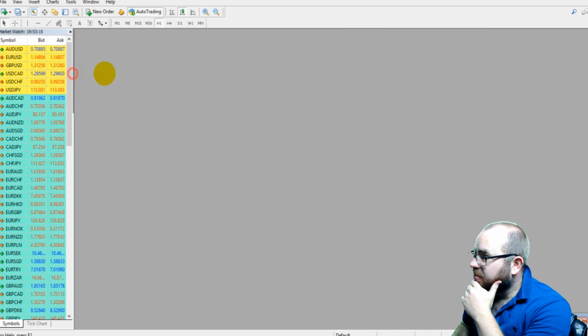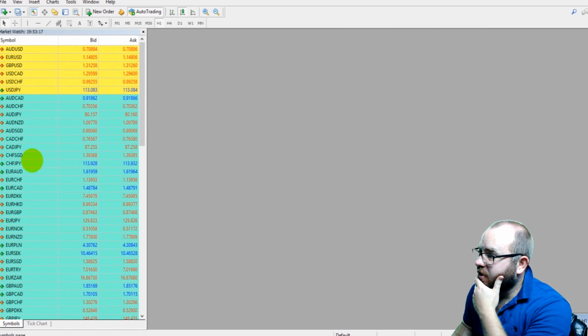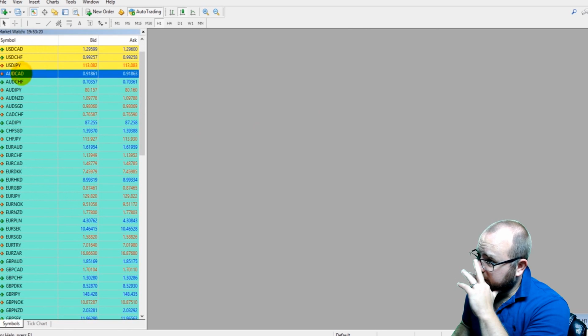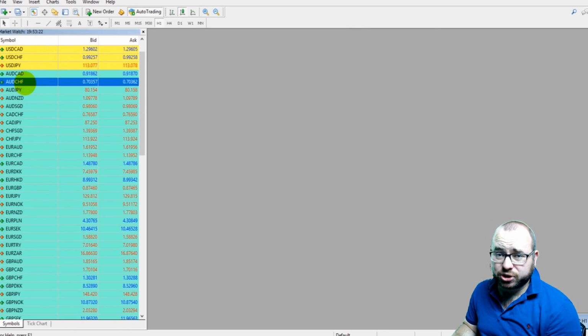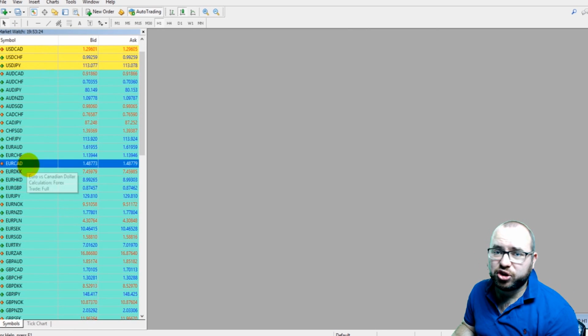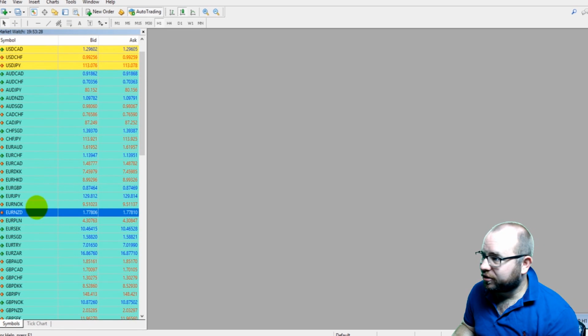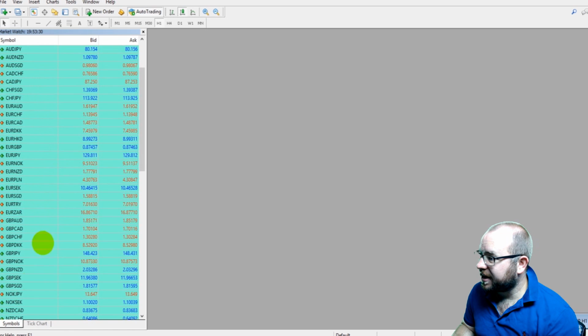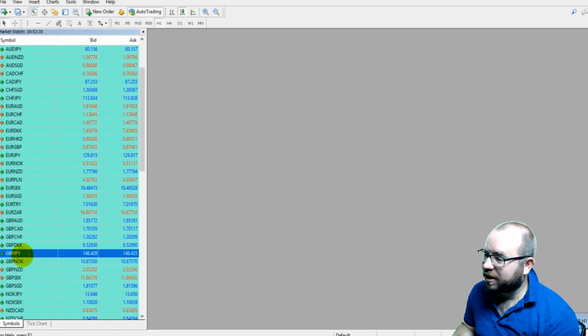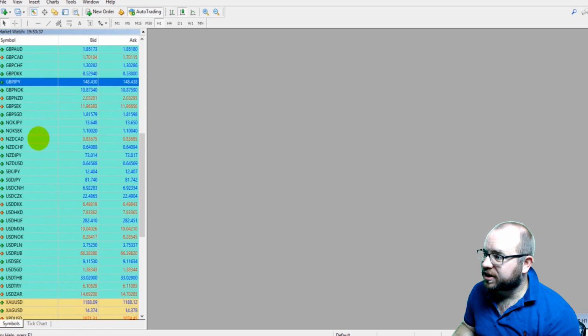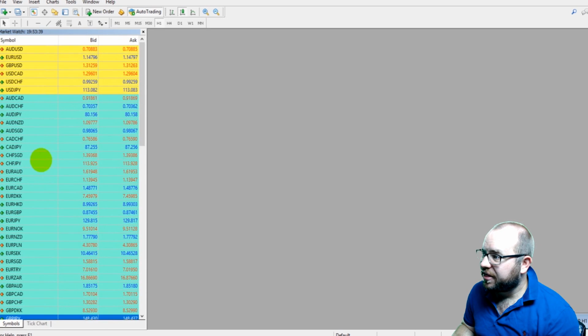You'll see in this market watch box here, I have loads of currency pairs. So Australian dollar, Canadian dollar, Australian dollar, Swiss franc, Euro, Canadian dollar, Euro, New Zealand dollar, US dollar, yen, pound, New Zealand dollar, pound, Japanese yen. There's all these currencies that can be traded, and then you'll see the price next to the currency.